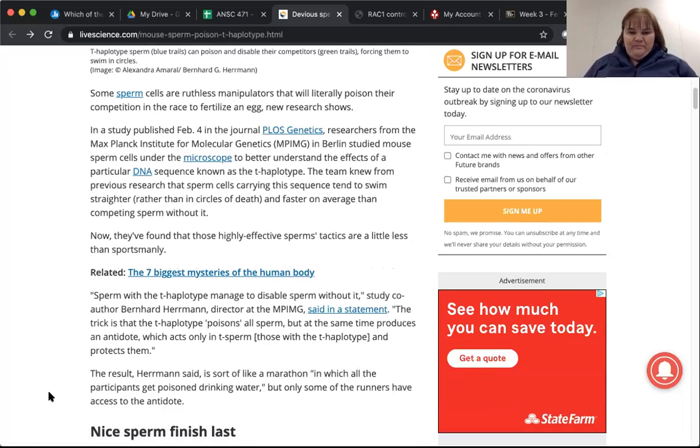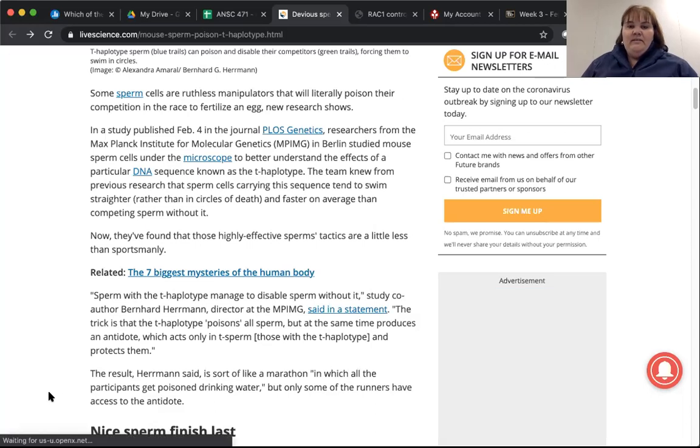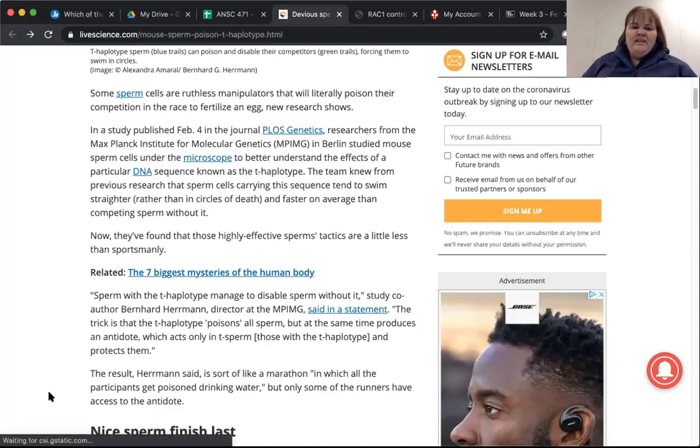What these researchers found is that there's a gene that is turned on to produce messenger RNA and then a protein that causes other sperm cells to basically swim in circles until they die.